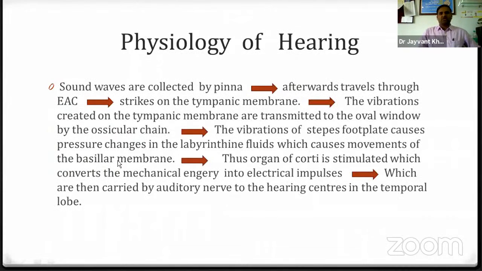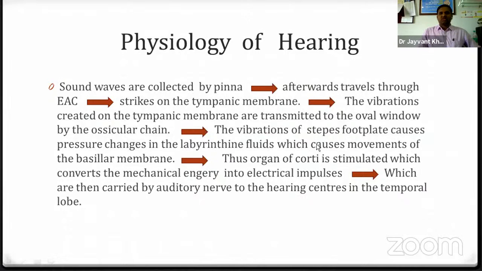Then what is the physiology of hearing? Normal hearing pathway. Sound waves are collected by the pinna, then travel through the EAC, external auditory canal, and strike the tympanic membrane. The vibrations created on the tympanic membrane are transmitted to the oval window by the ossicular chain.